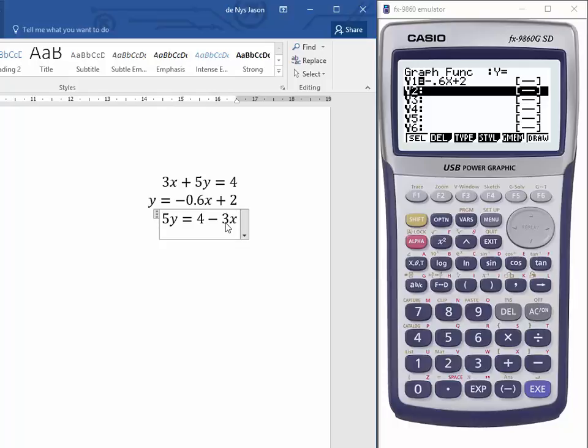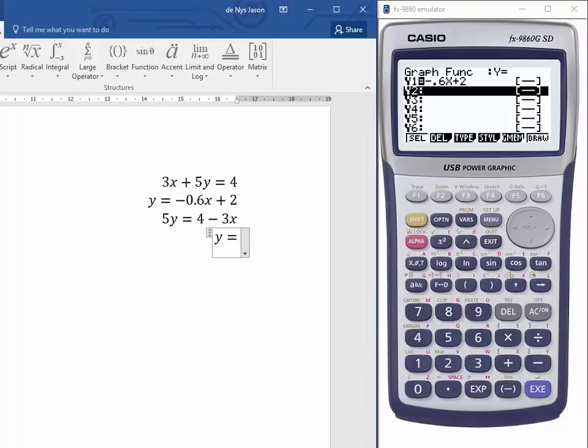But I've got 5y there, which I can't change the y value on this graphing function, so I need to probably divide everything on the right hand side by 5 to get rid of that 5y. Okay, I've done that.